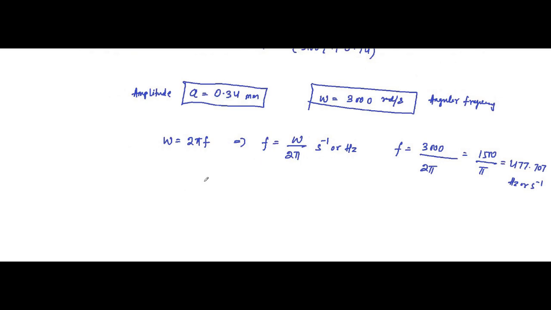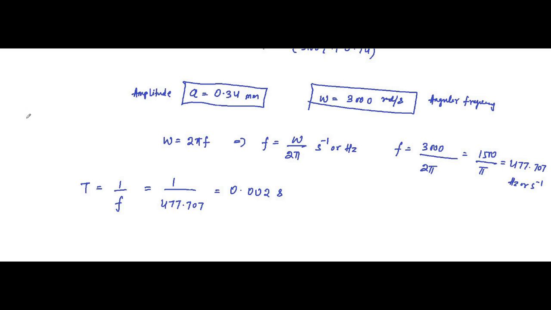Now the time period is equal to the reciprocal of frequency, so that is equal to 1 by 477.707. If we round it off, it is coming around 0.002 seconds.